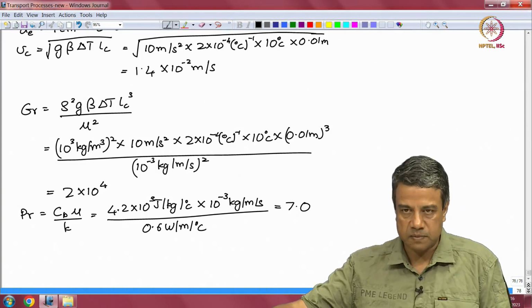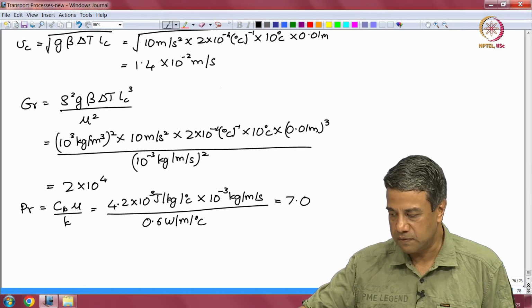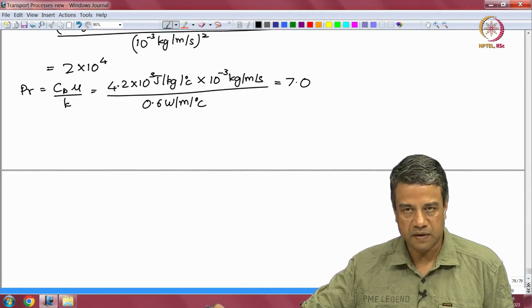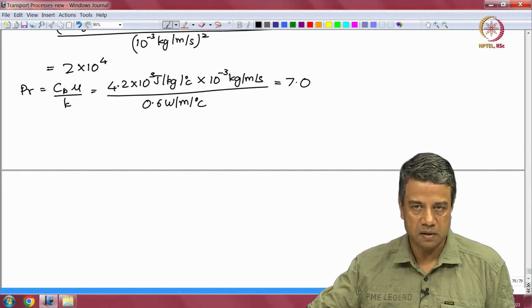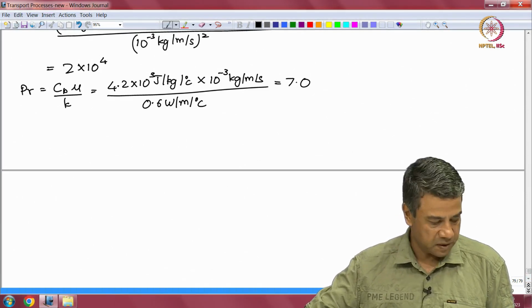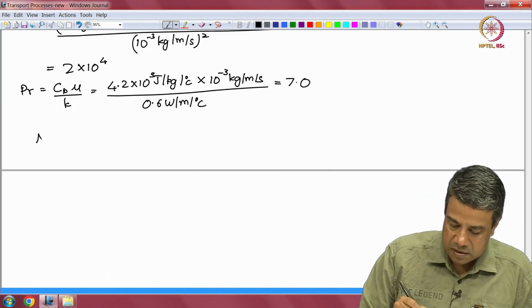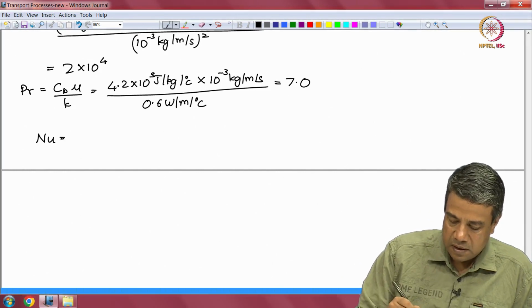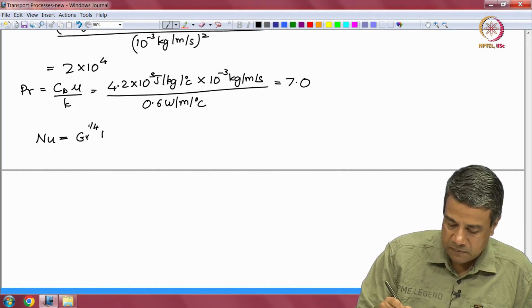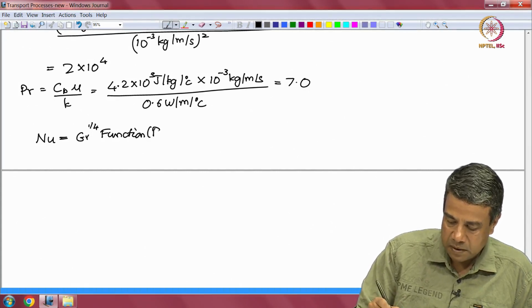natural convection problems. Okay. So, the correlations are also written in this regime for large Grashof number and for Prandtl number over a range of values from small to large for the laminar regime. Okay. So, the Nusselt number correlation is usually of the form Grashof number power 1/4 times some function of Prandtl number.